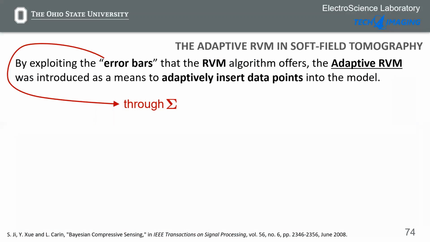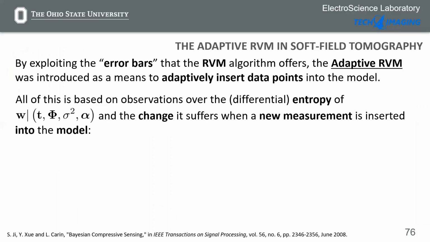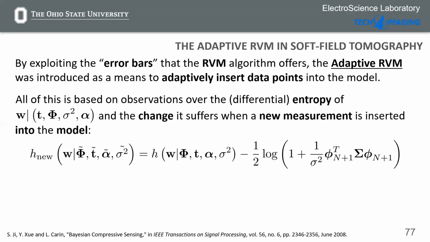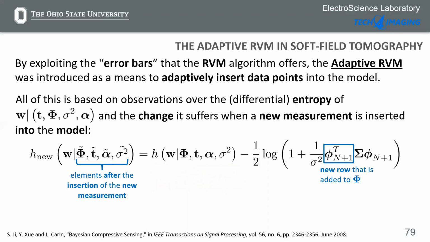Now, the adaptive RVM then takes the estimate of the covariance matrix sigma and defines a procedure based on the structure of the differential entropy of the posterior and the change that it suffers when a new measurement is inserted into the model. So for instance, if we have here the entropy of the original set of measurements, this is the expression for the entropy that we obtain when a new measurement is inserted into the model.